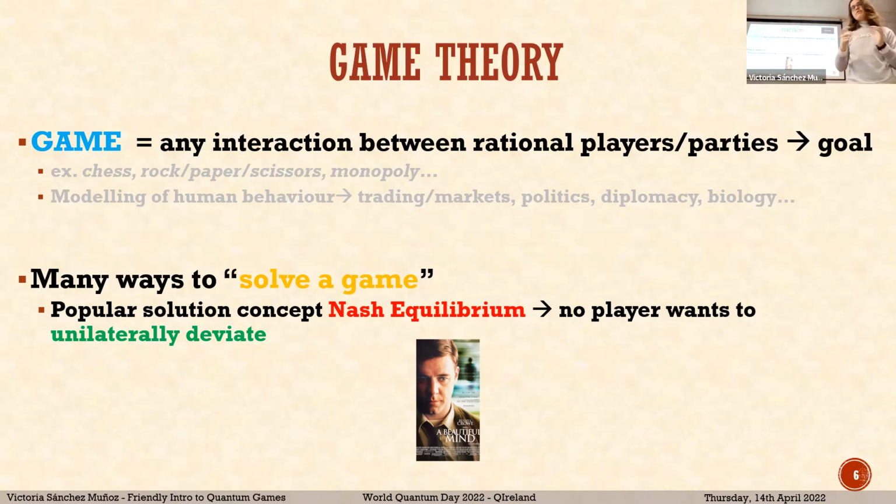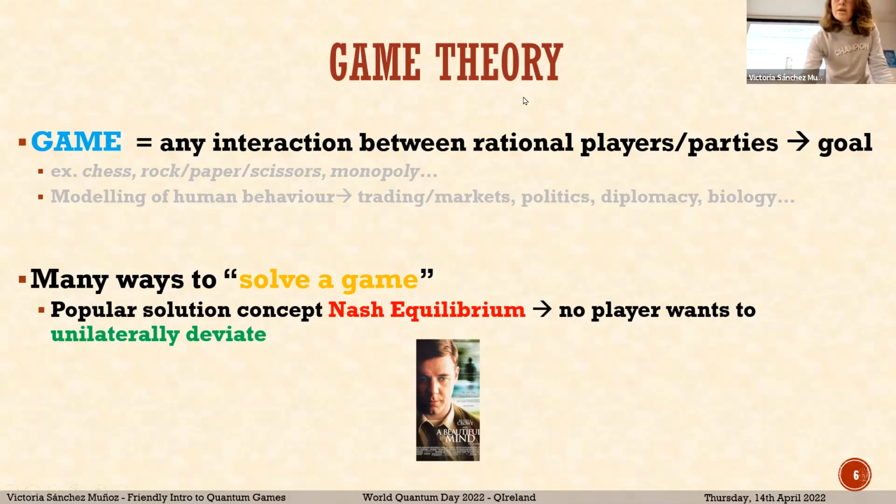In a Nash equilibrium configuration, no player wants to unilaterally deviate from that configuration. There's this wonderful film called A Beautiful Mind. If you haven't seen it, it's wonderful. It talks about Nash, who developed this concept of Nash equilibria and basically transformed economics.